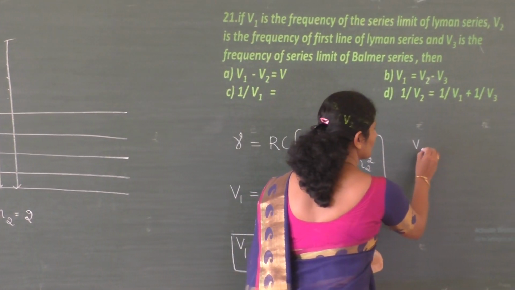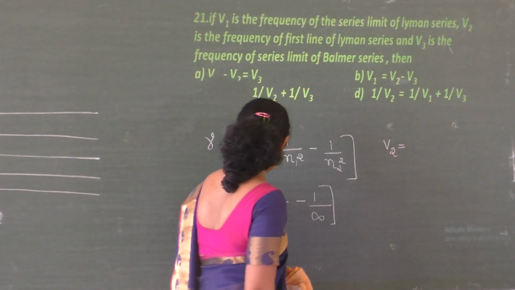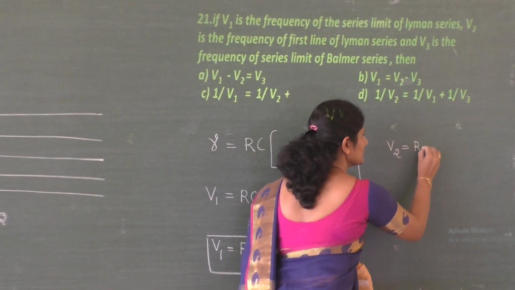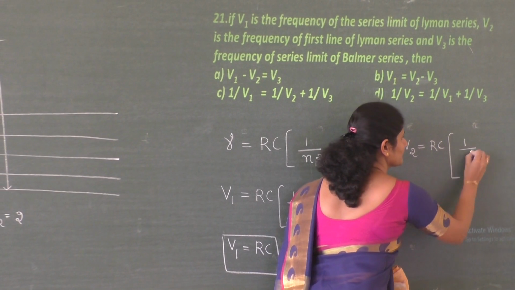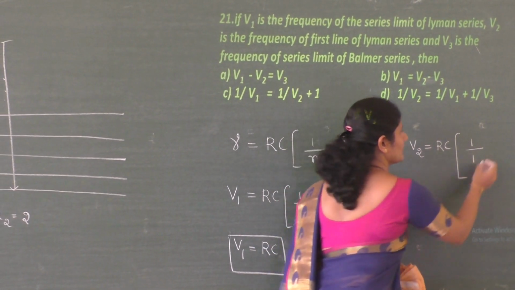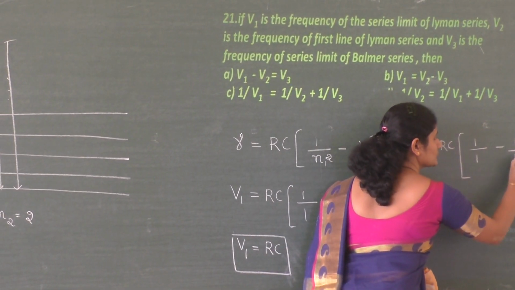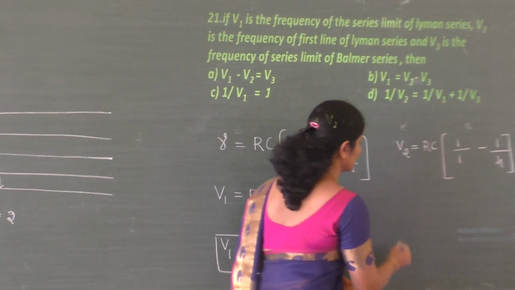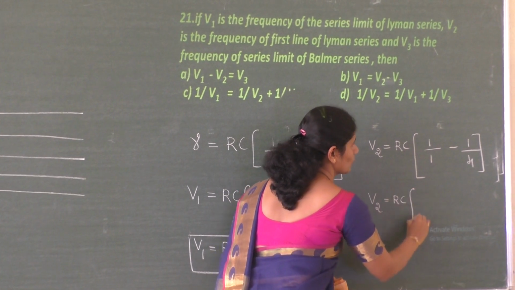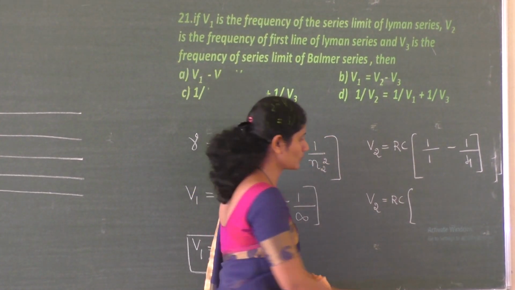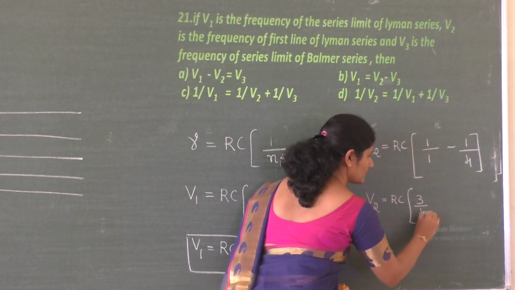So V2 is equal to RC, 1 by n1 square, 1 square, minus 1 by n2 square, 2 square, 4. So V2 is equal to RC, 1 minus 1 by 4, is 3 by 4.